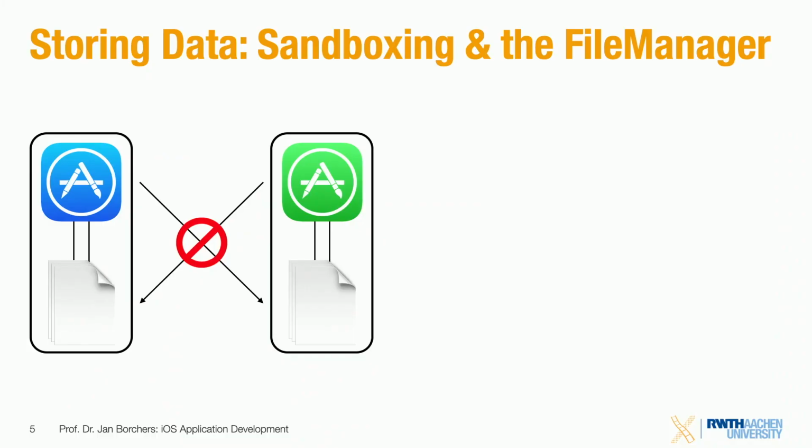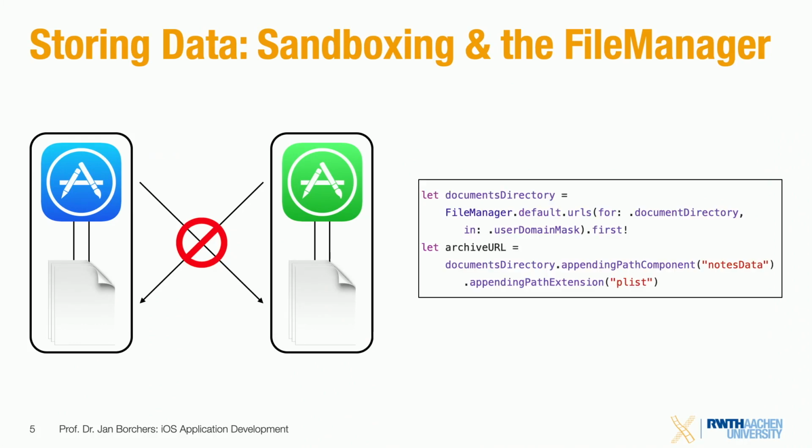And the access to this folder, however, is a little tricky. Right? So let's start with this. You might think, oh, I'm just going to put this into /documents or whatever it is in my sandbox. But this is not how it works.